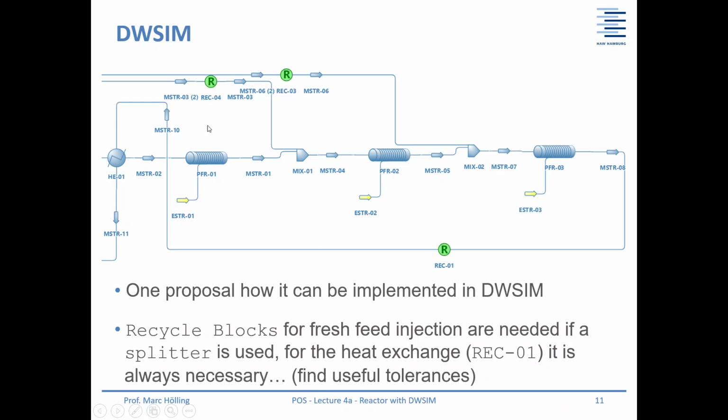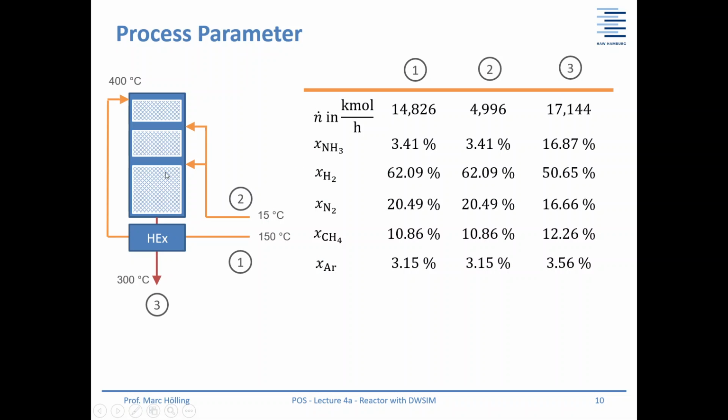The recycle blocks, if you have one big volume flow, because what I gave you here is the total flow for stream 2. In total, it's roughly 5,000 kilomoles per hour, but I don't know how it is split between these two injections. So this is also something that you have to find out.